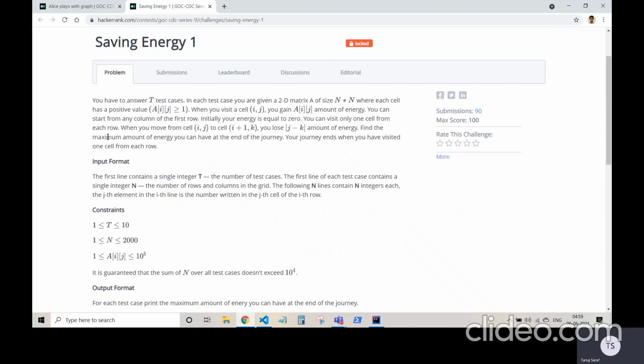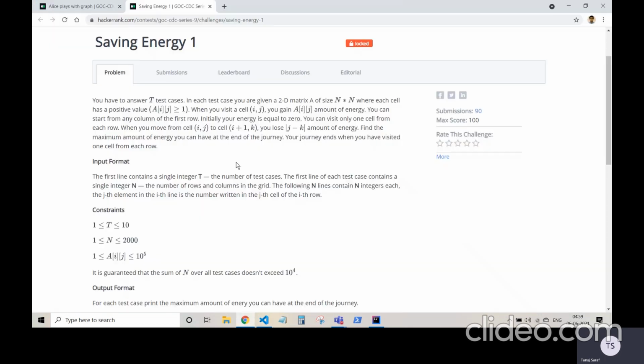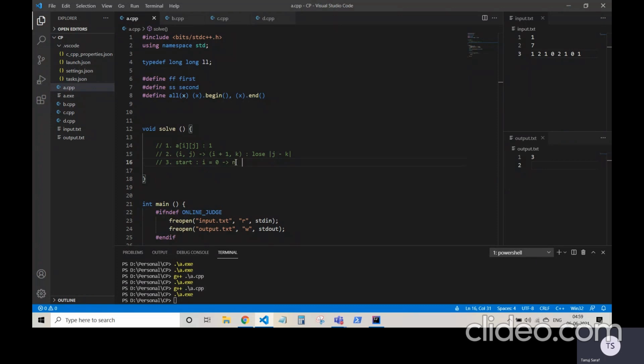And I have to tell what is the maximum amount of energy that I'm left with at the end of the journey. So they do not mention where I'm ending the journey. Acha, your journey ends when you have visited one cell from each row. Okay, okay. So from 0 we have to go to n minus 1. Okay.